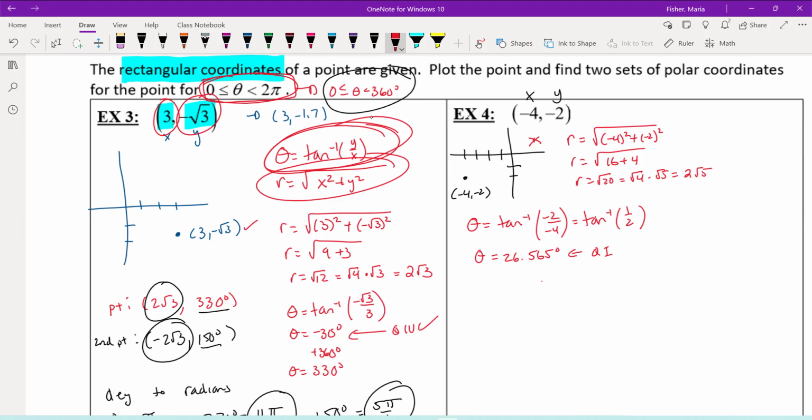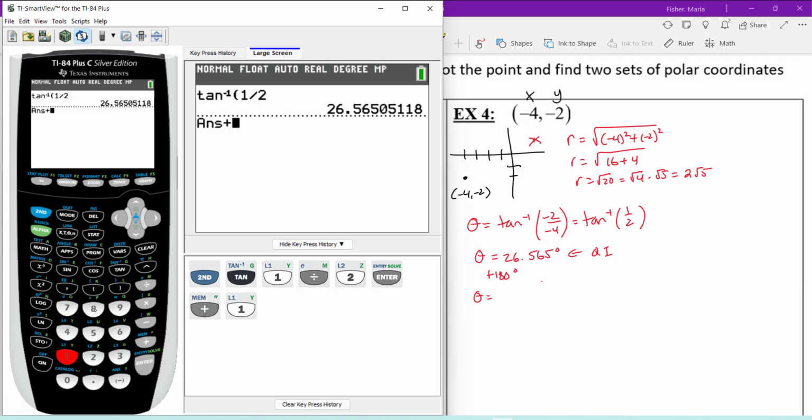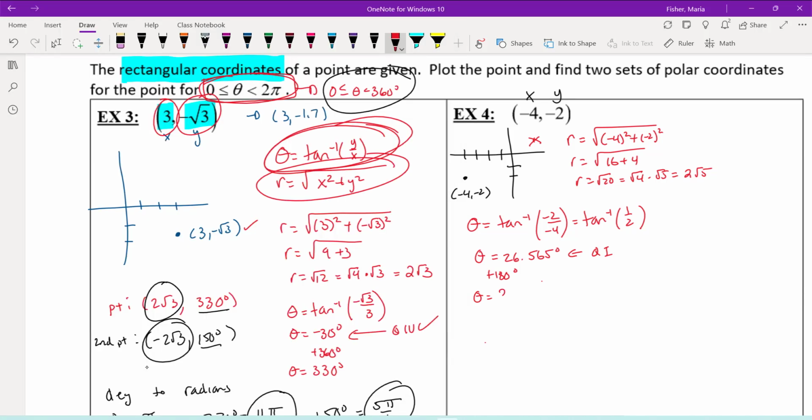To get this angle into the correct quadrant from 1 to 3, I have to add 180 degrees to it. Therefore, if I add 180 to this, I end up with the angle of 206.565 degrees. So 1 point is going to be the point 2 root 5, 206.565 degrees.